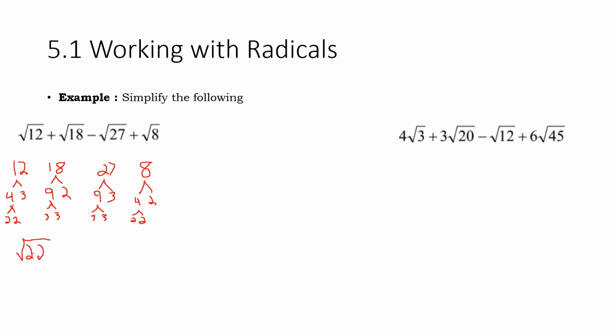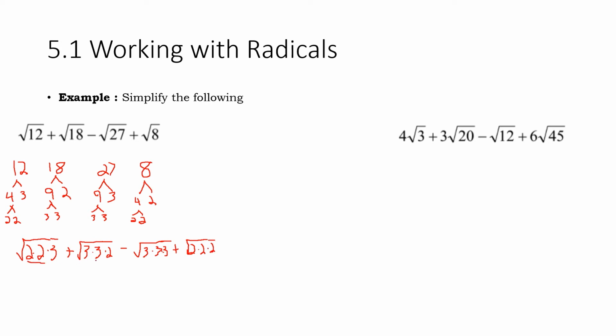We got 2 times 2 times 3 is 12, plus 3 times 3 times 2 is 18, 3 times 3 times 3 is 27, and then 2 times 2 times 2 is 8.